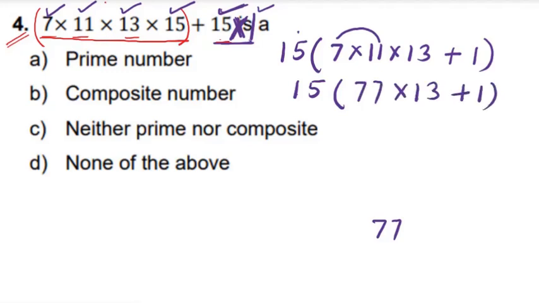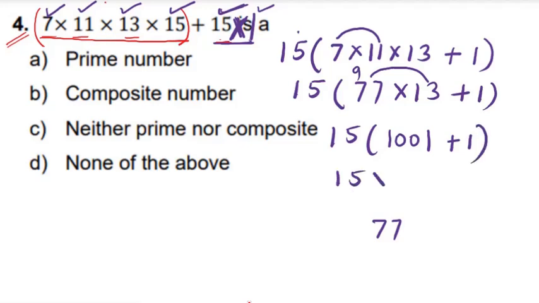First we'll multiply, by the rule of BODMAS. 77 into 13: 13 sevens are 91, 9 carry, 13 sevens are 91, plus 9 is 1001, plus this 1. Now 15 into 1001 plus 1 is 1002.